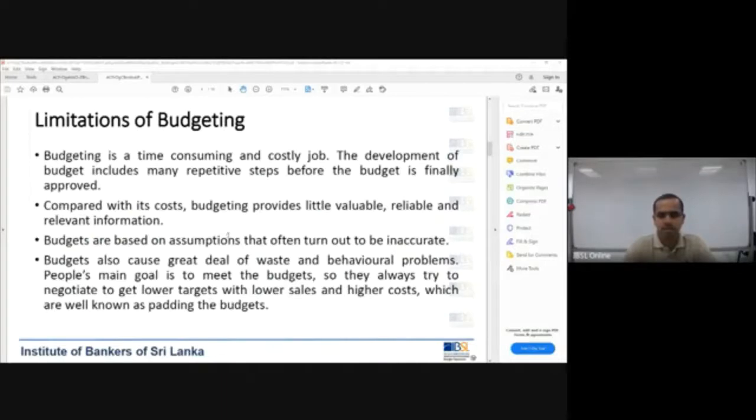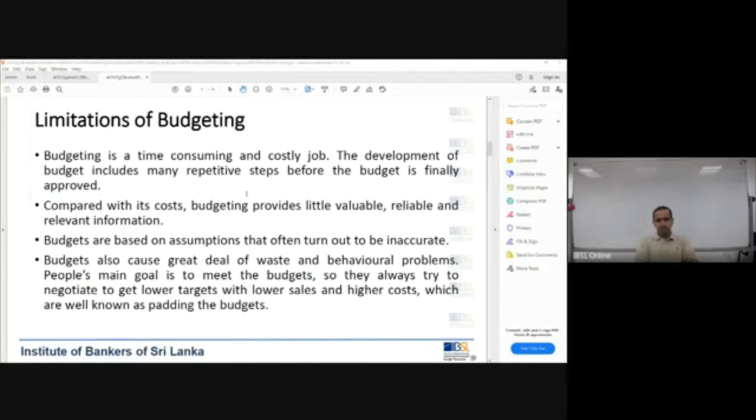but it has certain limitations. Budgeting is a time-consuming and costly job. It's lots of management time spent on budgeting. The development of budget includes many repetitive steps before the final budget is approved. Compared with cost, budgeting provides little valuable, reliable, and relevant information. Budgets are based on assumptions that often turn out to be inaccurate.